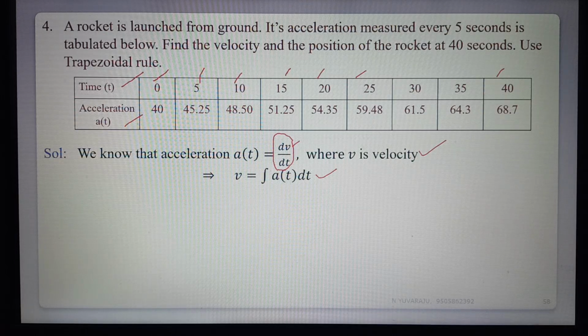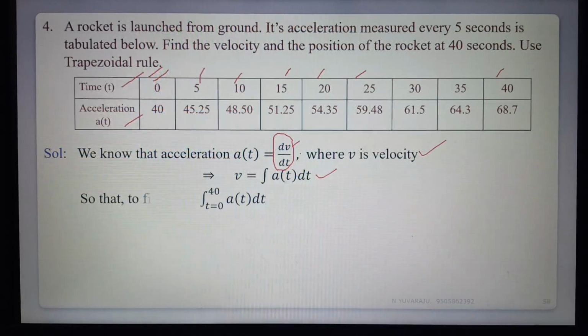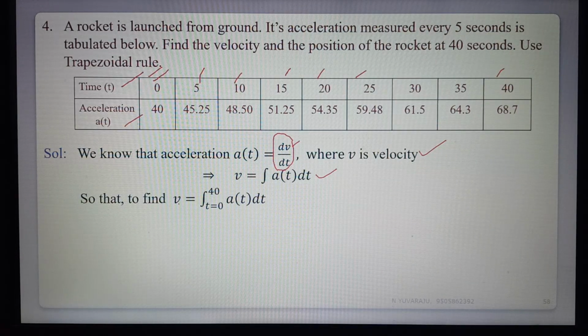The time interval is 0 to 40, so to find v we take the integration from 0 to 40 of a of t dt. So the interval a, b is 0 to 40.